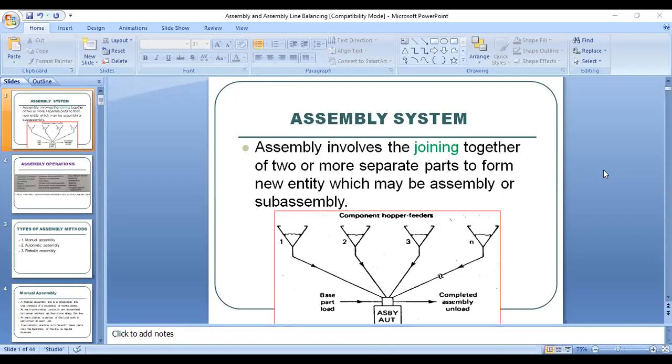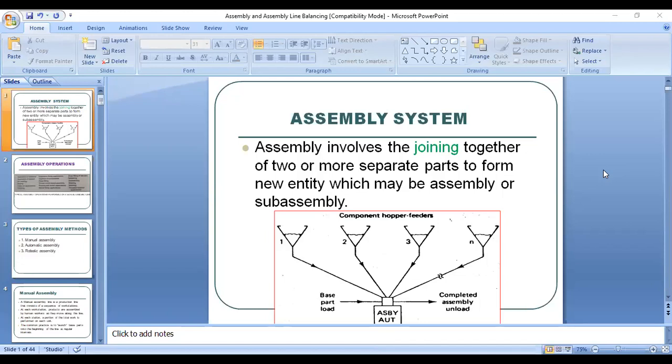Buffer storage was kept between two stages, each stage having some workstations, and we saw how adding buffer storage led to an increase in efficiency and production rate.